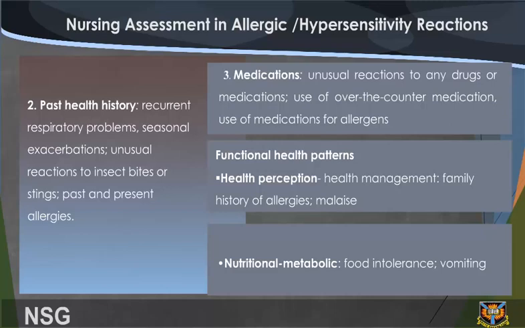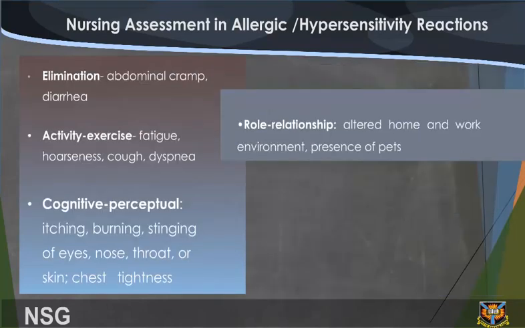Functional health patterns. Health perception, health management, family history of allergens, malaise. Nutritional, metabolic: food intolerance, vomiting. Elimination: abdominal cramp, diarrhea.